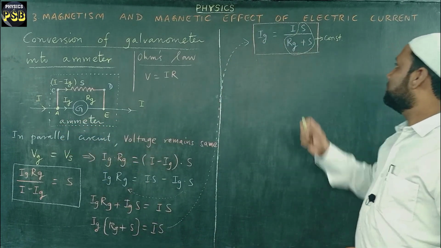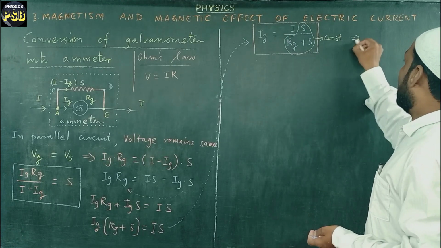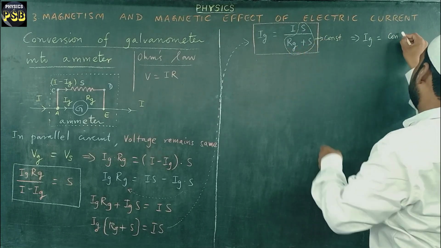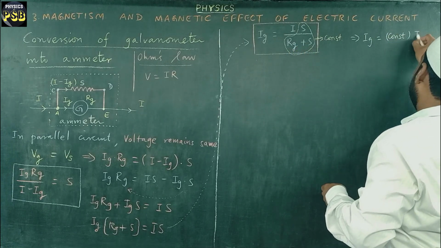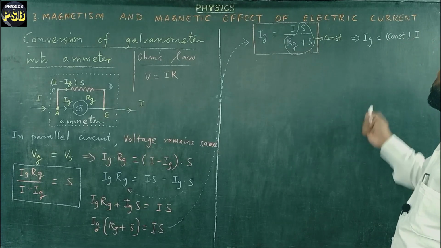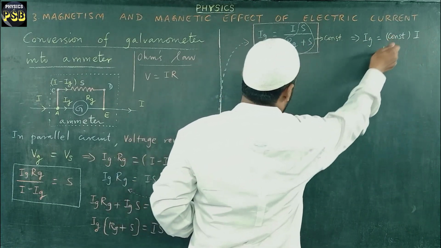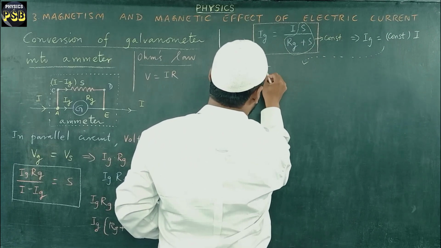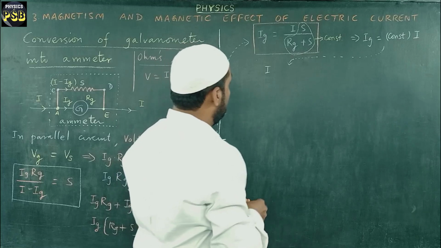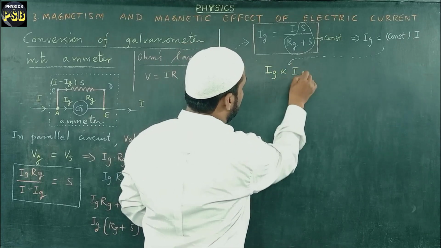So it is a variable. This equation can be written as Ig equals a constant multiplied with I. When we combine the equal sign with the constant, what we obtain is proportionality. So Ig is directly proportional to I.